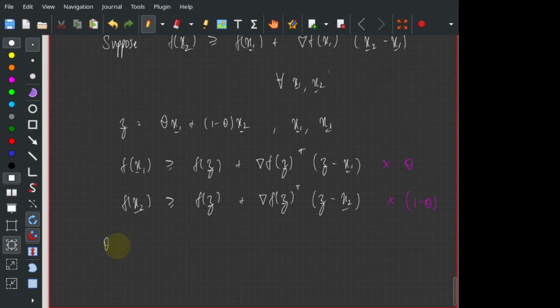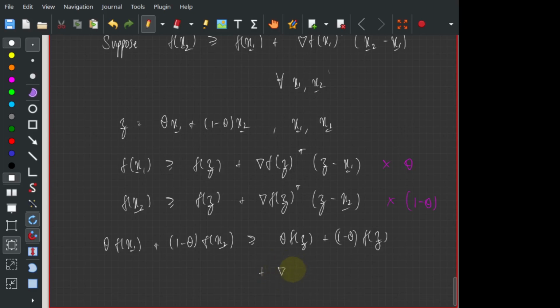So I get theta f of x1 plus 1 minus theta f of x2 is greater than or equal to theta f of z plus 1 minus theta f of z, which is simply f of z, plus some other term.